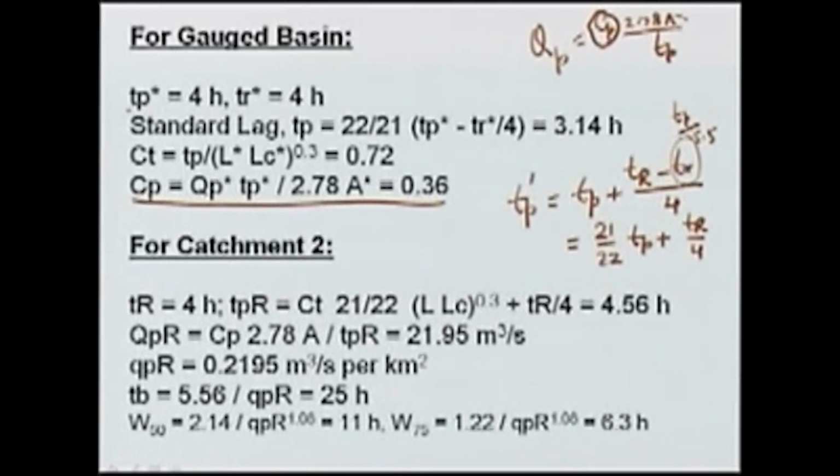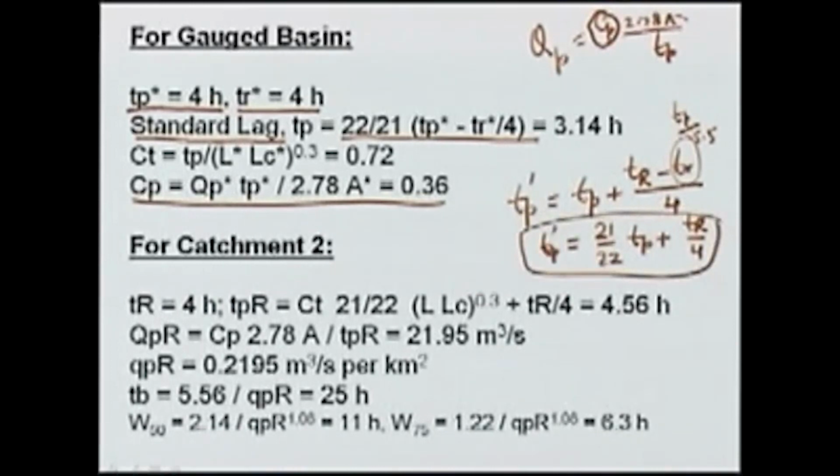For the gauged basin, Tp star is 4 hours and Tr star is 4 hours. Star denotes the value for the gauged catchment. The standard lag, as we have seen, Tp can be obtained using this equation, as 22 by 21 Tp star minus Tr star by 4 and comes out to be 3.14 hours.